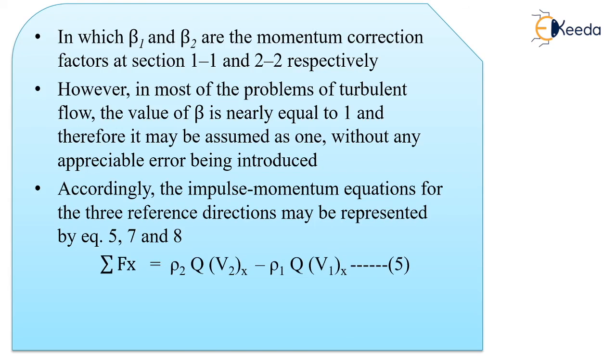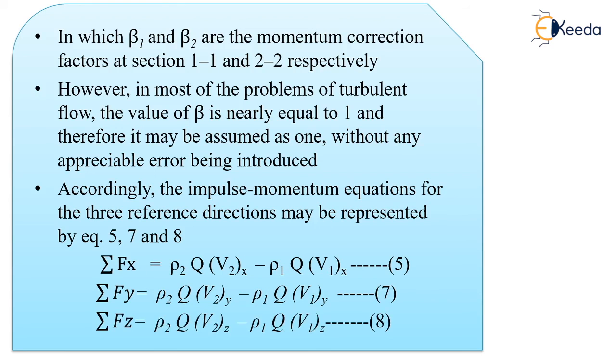That is, summation Fx is equal to rho 2 into Q into v2 suffix x minus rho 1 into Q into v1 suffix x. This is our fifth equation. Summation Fy is equal to rho 2 into Q into v2 suffix y minus rho 1 into Q into v1 suffix y. This is our seventh equation, and the last one is summation Fz is equal to rho 2 into Q into v2 suffix z minus rho 1 into Q into v1 suffix z. This is our eighth equation.